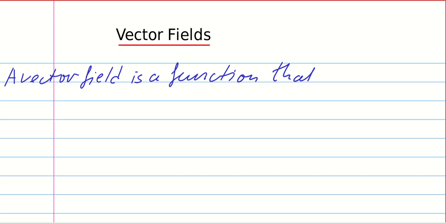So we'll say that a vector field is a function that maps points to vectors.